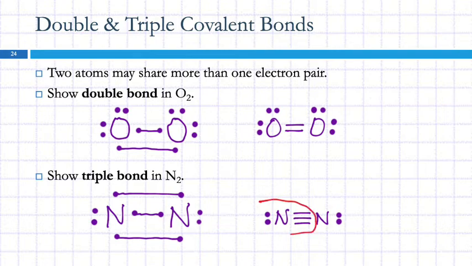Are they happy? This nitrogen is going to count all of the bonding electrons. Each line is 2. 2, 4, 6, 8. The other nitrogen is also counting these 2, 4, 6, 8. Okay? So in Lewis theory, you get a lot of counting by 2s to 8. Any questions?